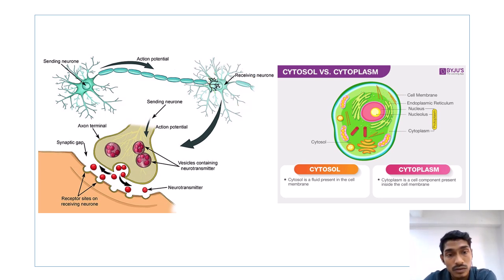Okay, so in the action terminal, some neurotransmitters are present. When the signal from the brain comes to our neurons, it ends in the action terminal and in the muscle fiber.